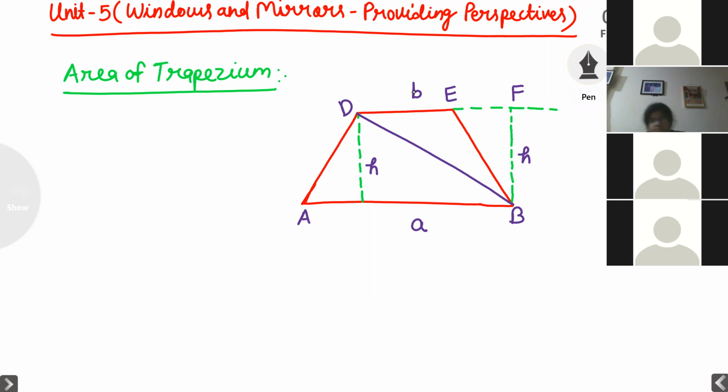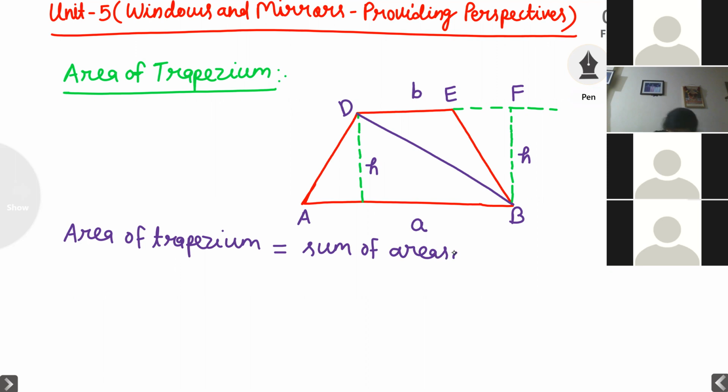Note down: area of trapezium equals sum of areas of two triangles.